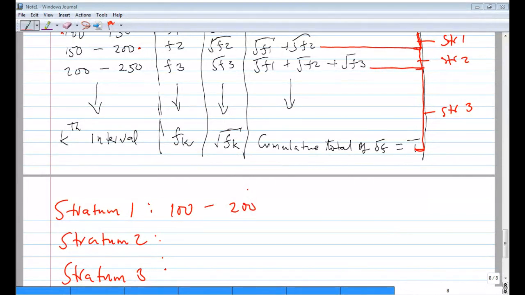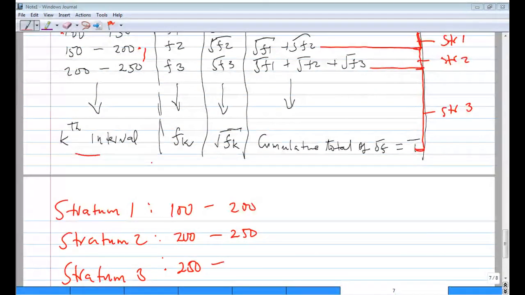Stratum number 2, obviously, is going to start from 200 to 250. The last one, obviously, is going to start from 250 to the last one. In this regard, I call it the kth interval. Like I said, this is the general way of constructing the strata.